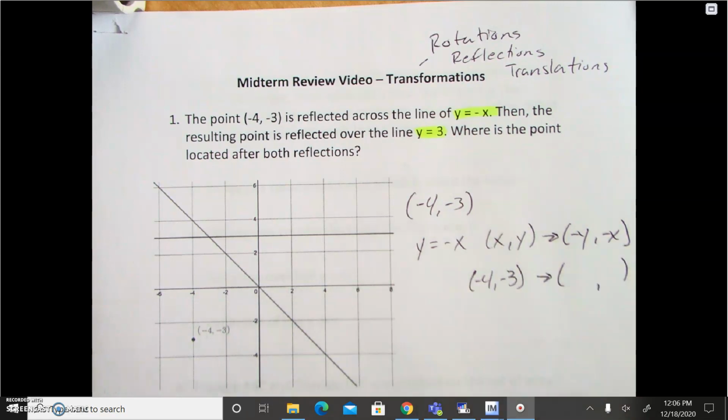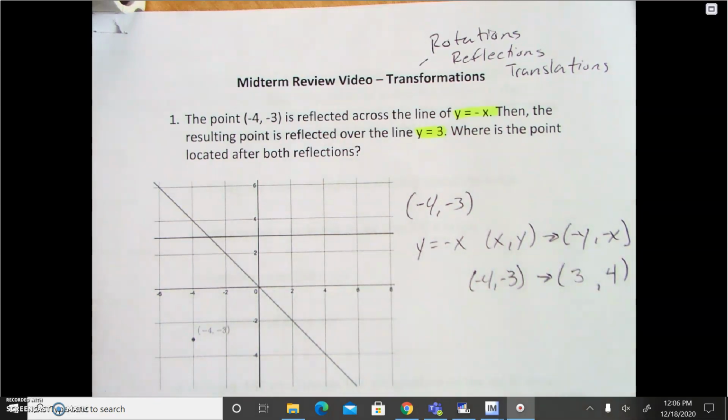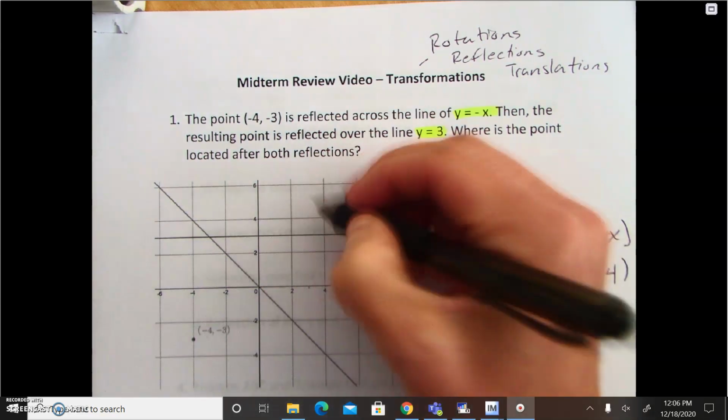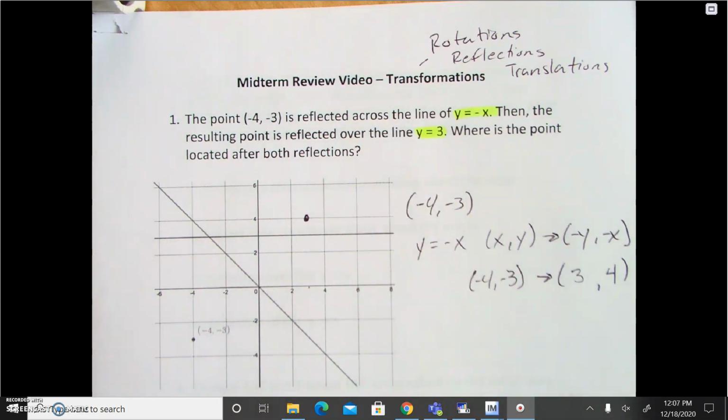And then my rule tells me I need to flip the x and y, and I need to take the opposite. So I need to go from -4, -3 to +3 and +4. So I'm going to go over my graph. I'm going to plot it. I'm going to go over to 3. I'm going to go up to 4. So this is my new point.